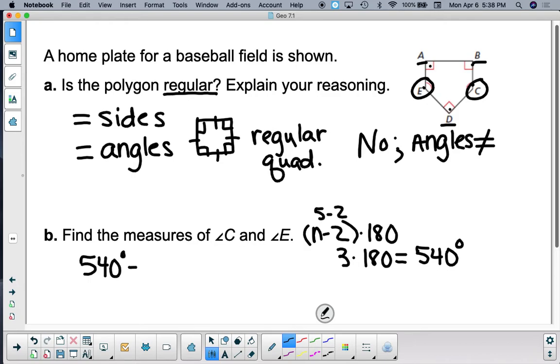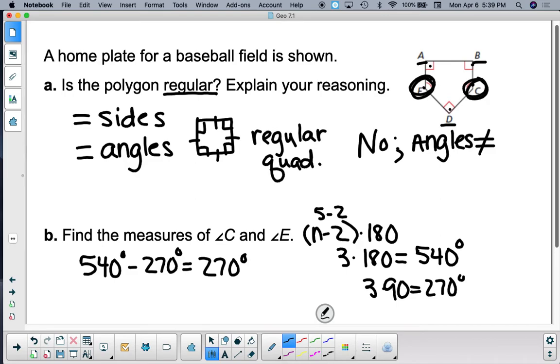I know what 3 of them are. They're 90, right? So 3 times 90 is 270. I'm going to subtract that. And 540 minus 270 is 270. So I have 270 degrees left to divide equally between E and C, because E and C are equal.